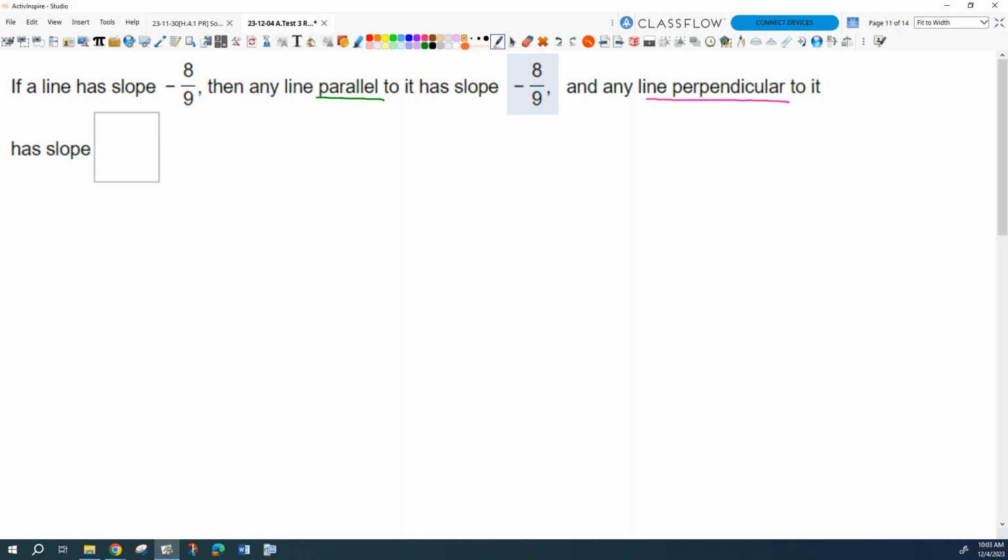How about any perpendicular line? What's that going to be? Perpendicular lines have opposite slopes, so we switch the sign and flip the fraction: opposite reciprocals. So it's got to be positive instead of negative, and we flip the fraction and get 9/8.